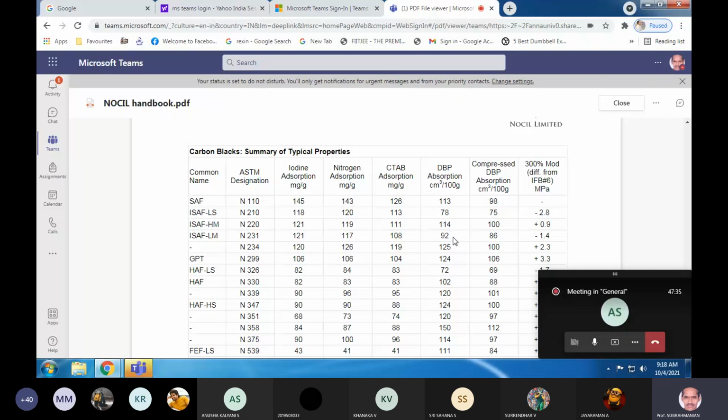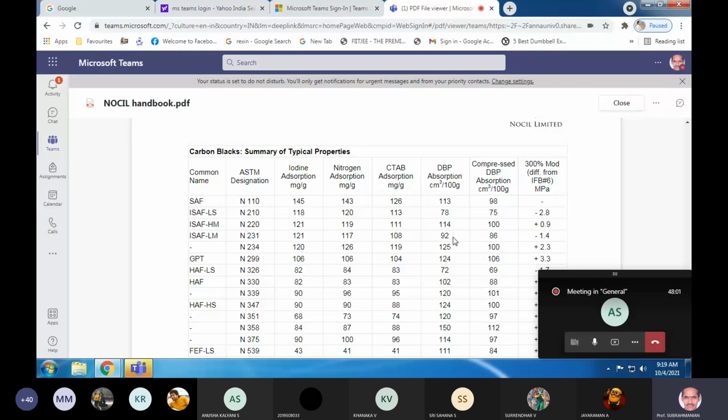The CDBP is of course also done on the filler, but after giving a certain amount of compression. Why do we compress the carbon black? We break the loosely held agglomerates and we break the secondary structure. So what we measure is the primary structure.